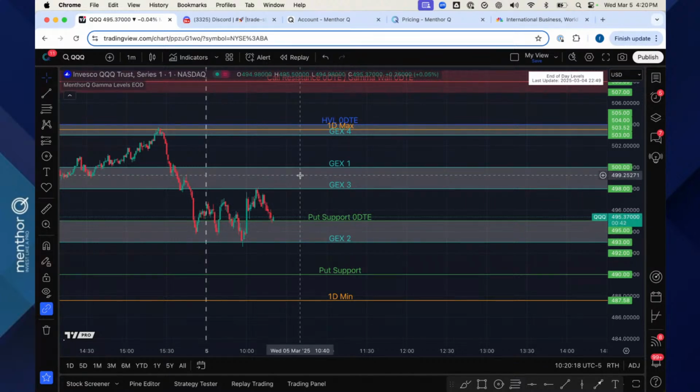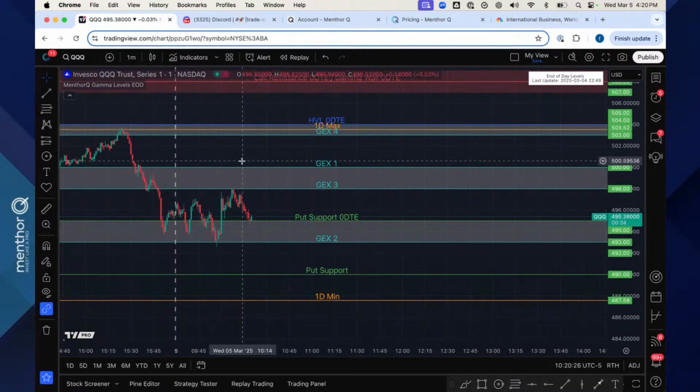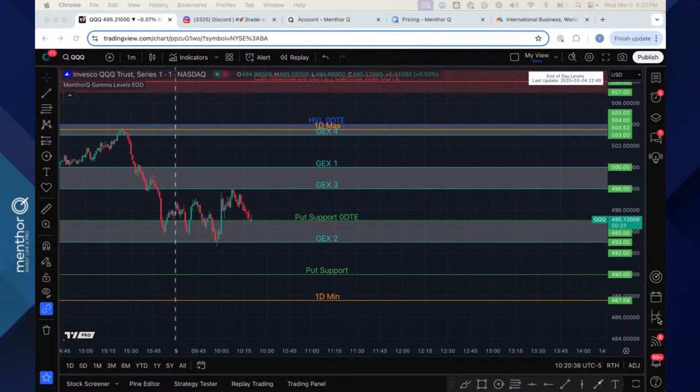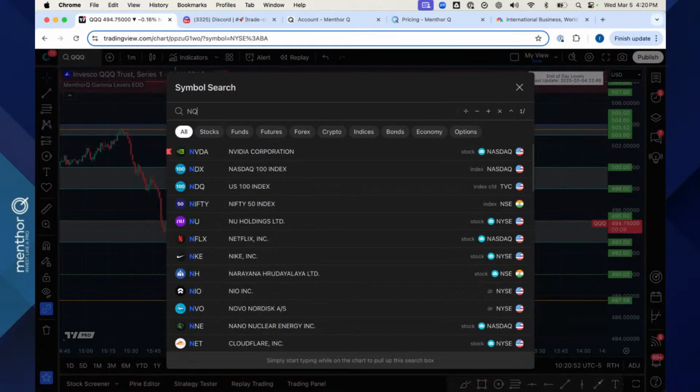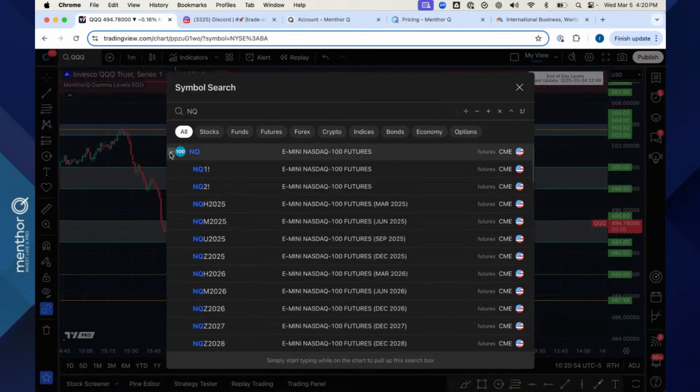This is really good information for you, because if you know that the QQQ is on put support and you see that we come maybe back again, and you're wondering, hey, why do we come back again on the NQ? The answer is really simple. Look at the QQQ. The QQQ is at the moment on put support 0 DTE. Pay attention to this. So where we are now, and if we're breaking put support 0 DTE, let's go. So we can target GEX 1, but we should be very careful of this. Looking at the QQQ, looking at the VIX, looking at the NQ, and you get a good picture.